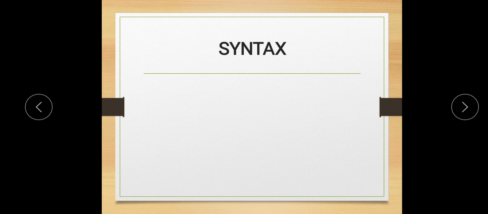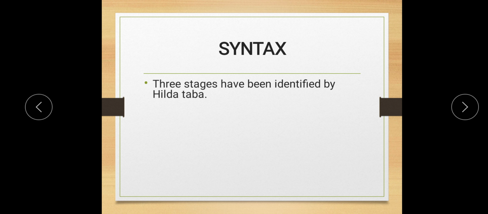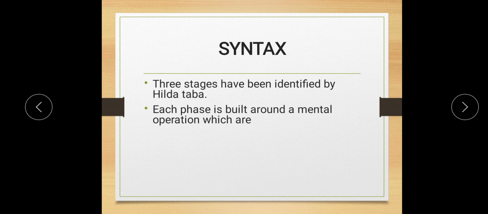Now the next slide is about syntax. Every model, as we had discussed earlier as well, has a few stages. Now this syntax has 3 stages which have been identified by Hilda Taba, the one who proposed this model. Each phase is built around a mental operation.